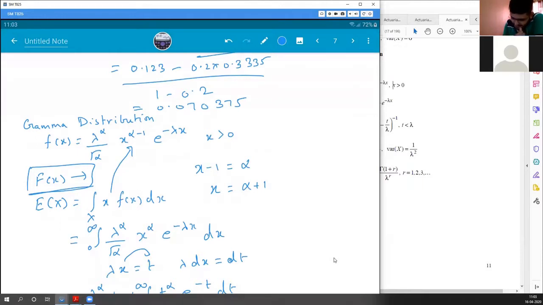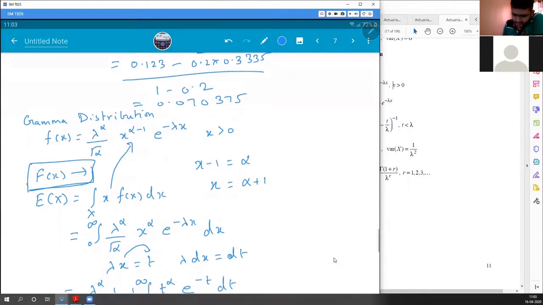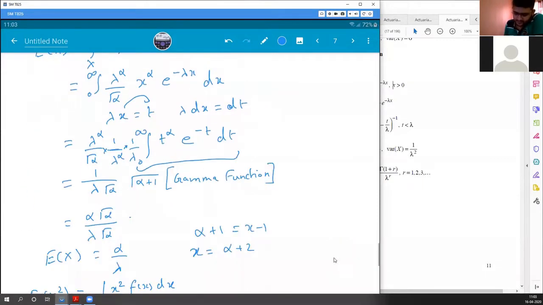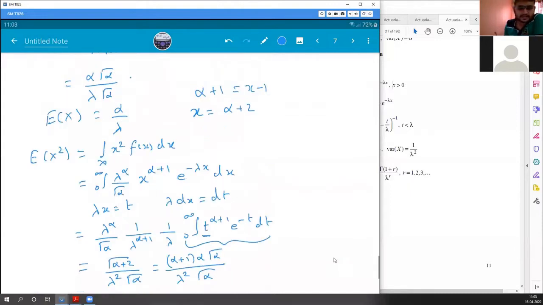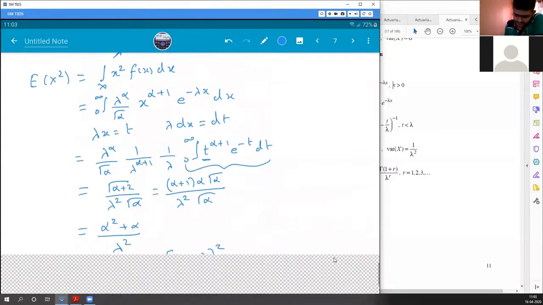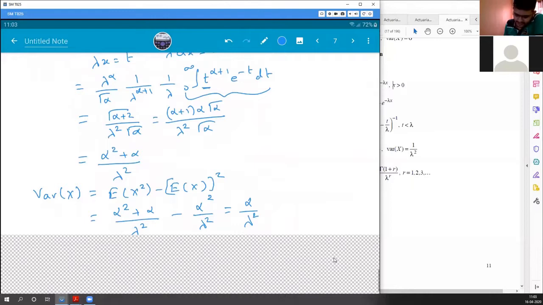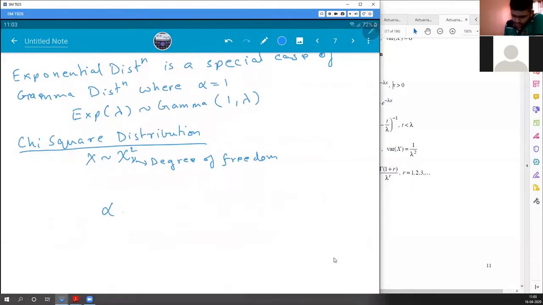But the problem with making tables is that we have two different parameters, alpha and lambda, and third, x, for whose different values we'll be finding probabilities. Now alpha can go from 0 to infinity, lambda can go from 0 to infinity, and x can also go from 0 to infinity. We have infinite values of all three of them.